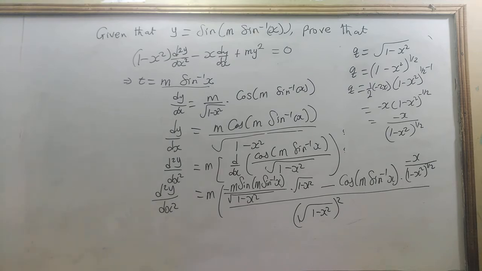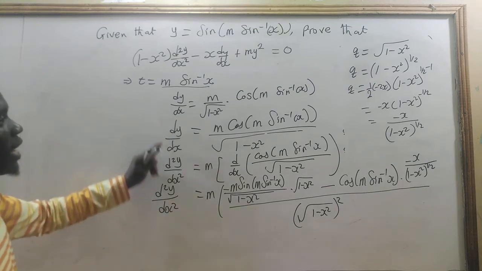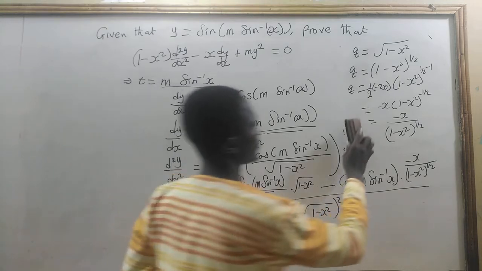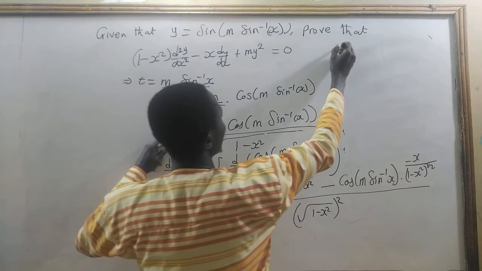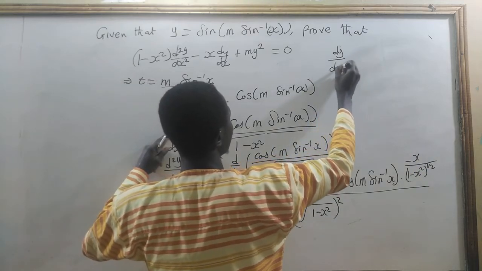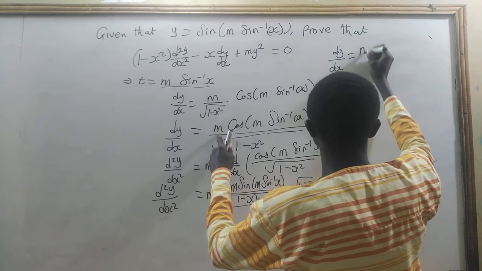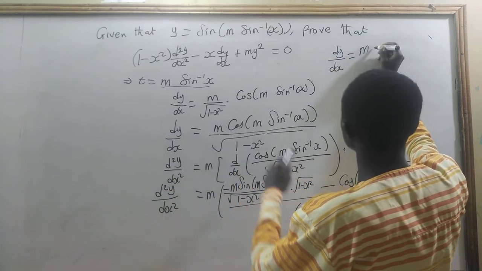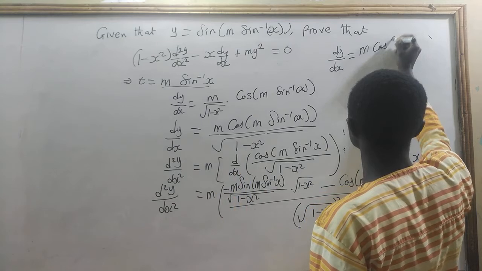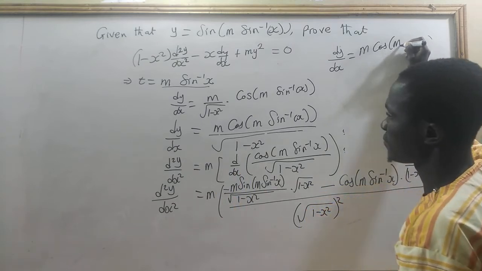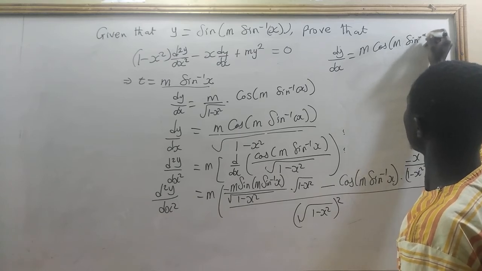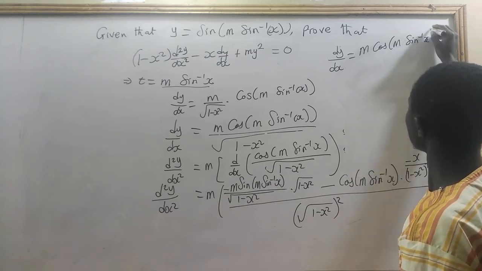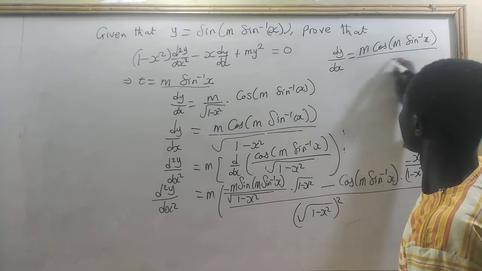We will use our dy on dx. So dy on dx, let's put it somewhere here. So we have our dy on dx is equal to m cosine of m inverse sine of x, all divided by square root of 1 minus x squared.